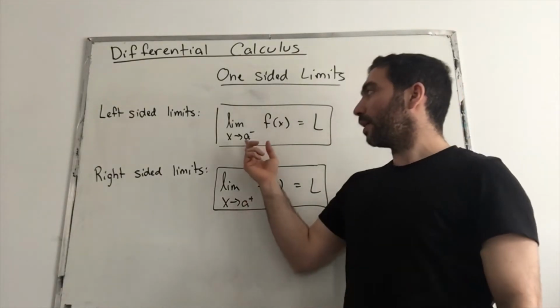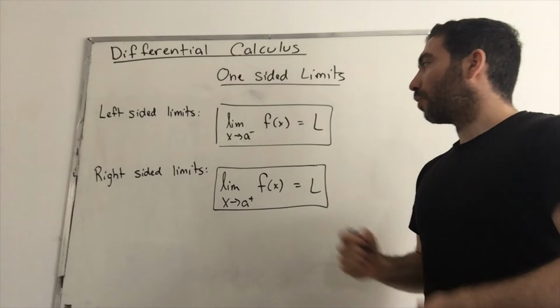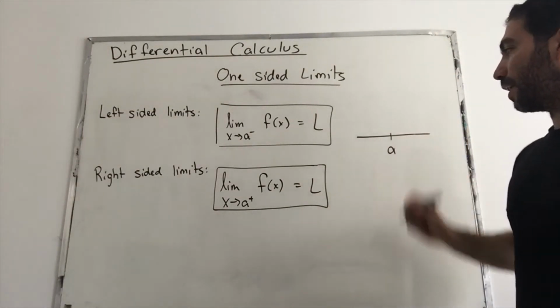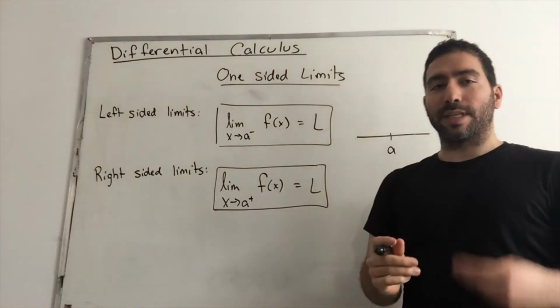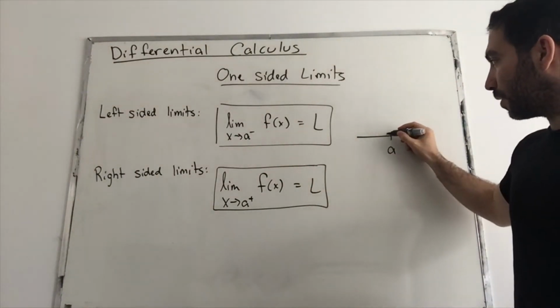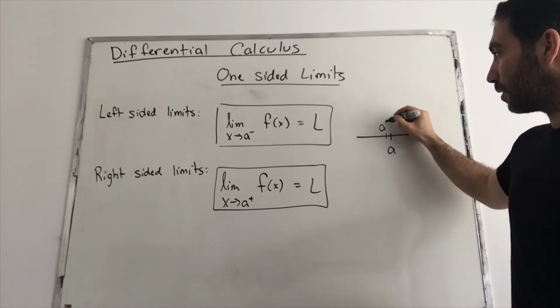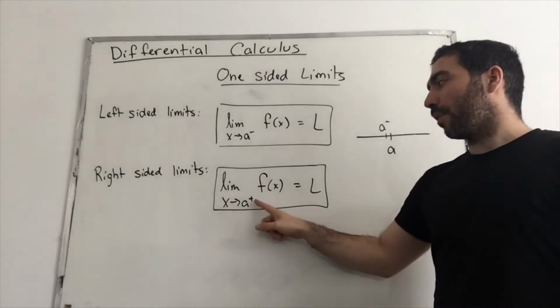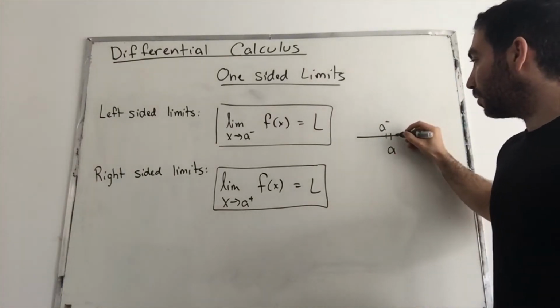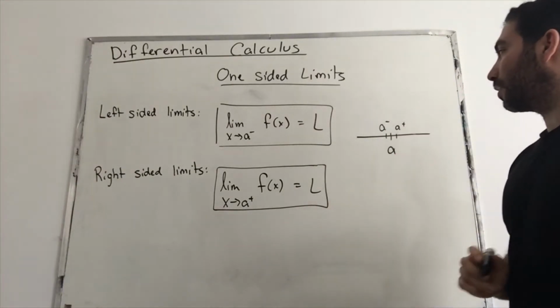So what this is saying is, on our number line, if this value is a, when we say a negative, we're saying slightly to the left of a. So a negative is a number that's extremely close to a, but slightly to the left. Whereas a positive is, again, a value that's very close to a, but slightly to the right, to the positive side of a.